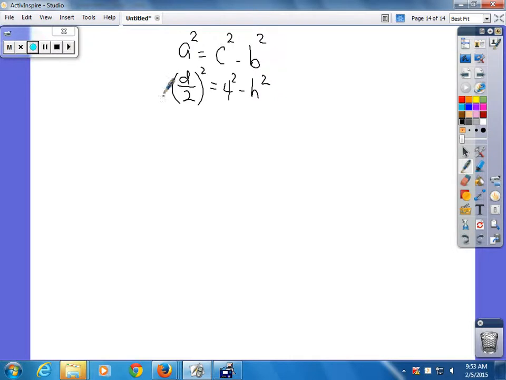Take the square root. That's right, class. So D over 2 is equal to the square root of 16 minus 8 squared.